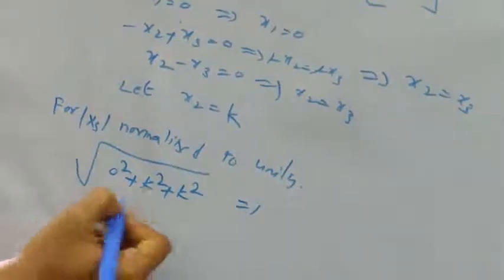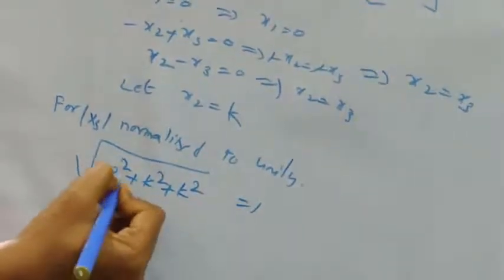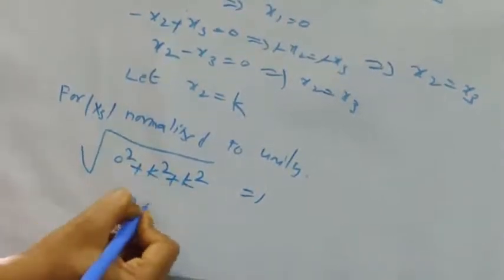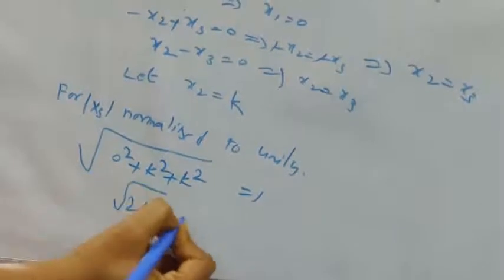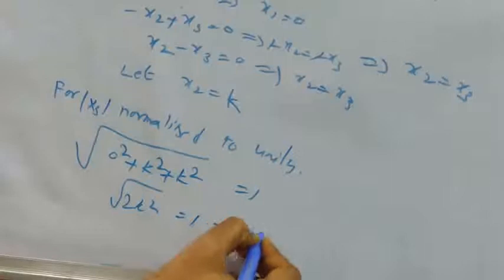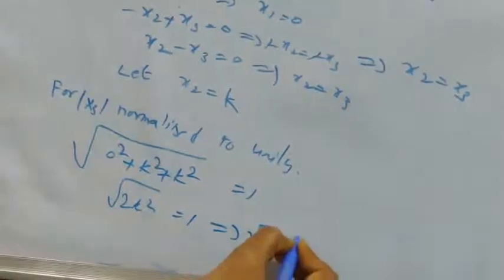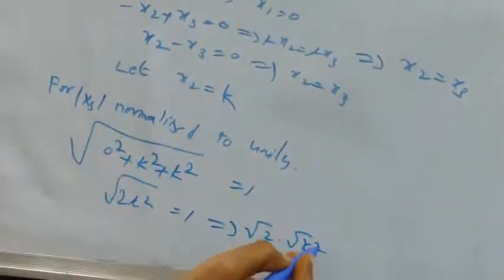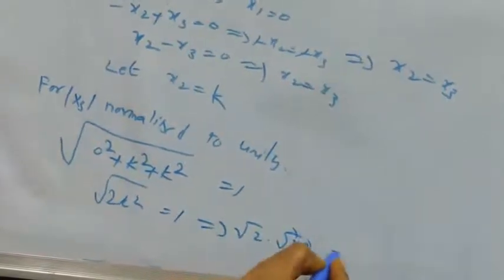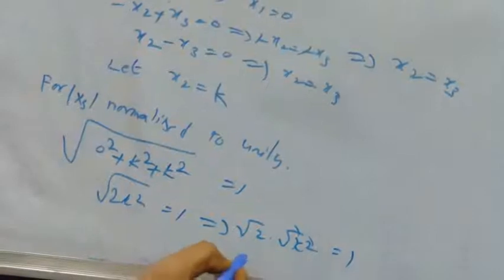Now here what you will get? 0 square is nothing but 0 only. k square plus k square is 2k square under root. Then we can write this as root 2 into root k square. Here root and square gets cancelled. So what is remaining?